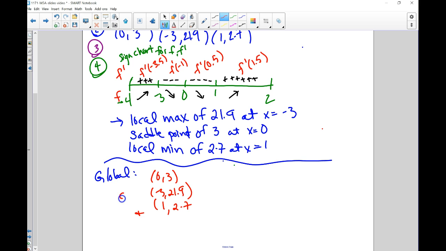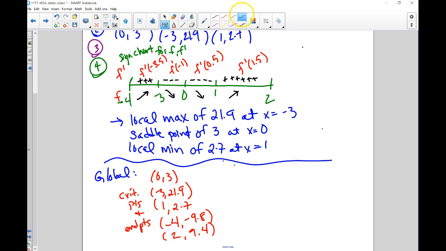So the endpoints were -4, which evaluates to -9.8, and 2 is the other endpoint, which evaluates to 9.4.